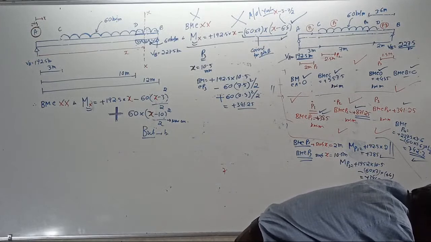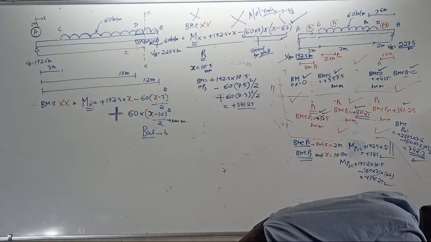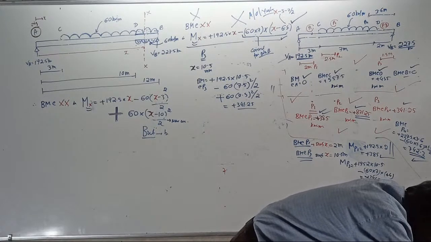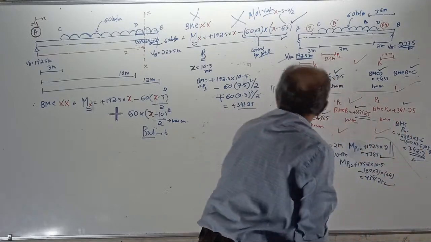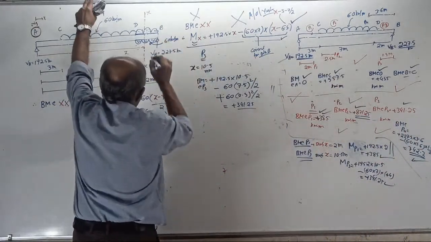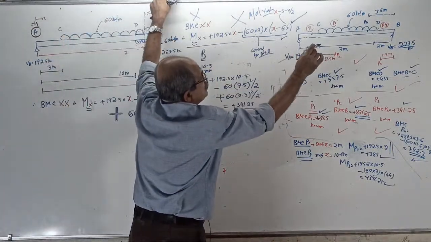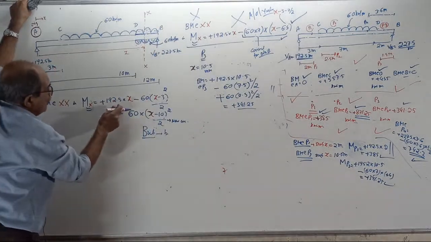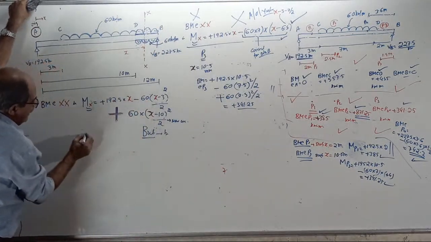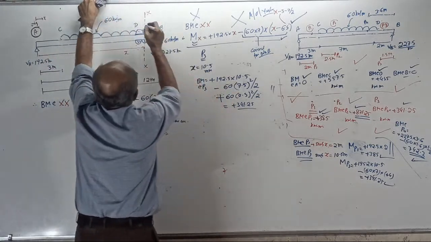Yesterday's equation is correct for DB. Clear? Okay, now do one thing. If I use this equation for DB, see what happens. Suppose I simplify this equation just for fun. Imagine your section is somewhere here.